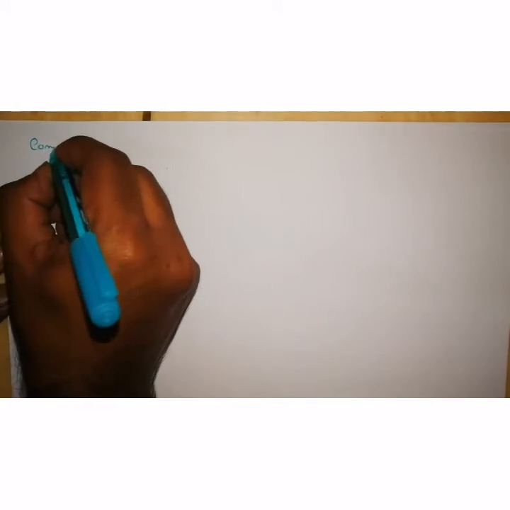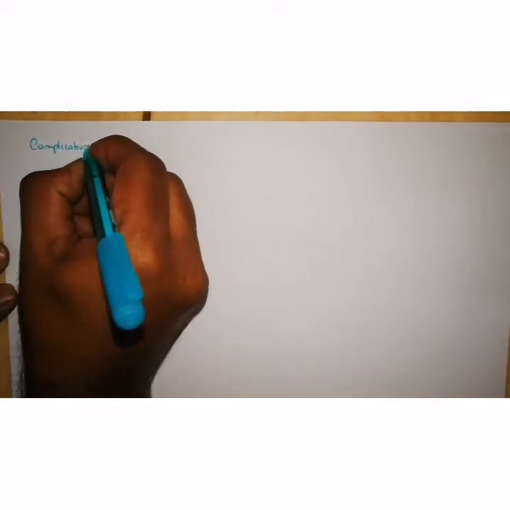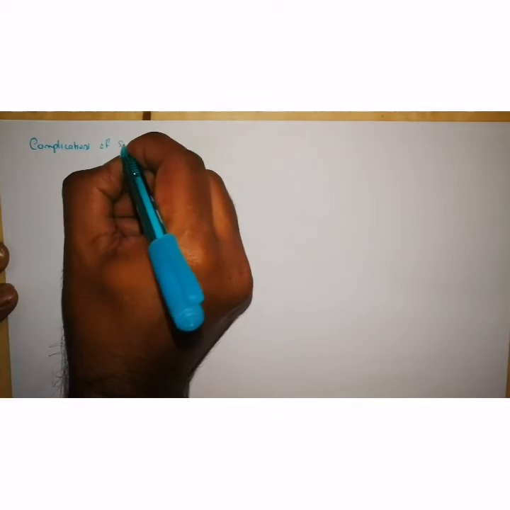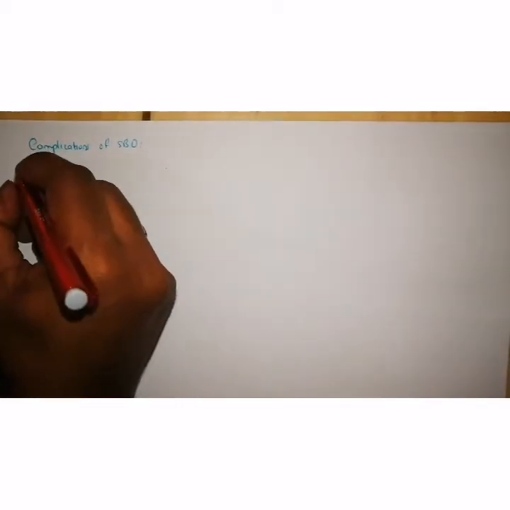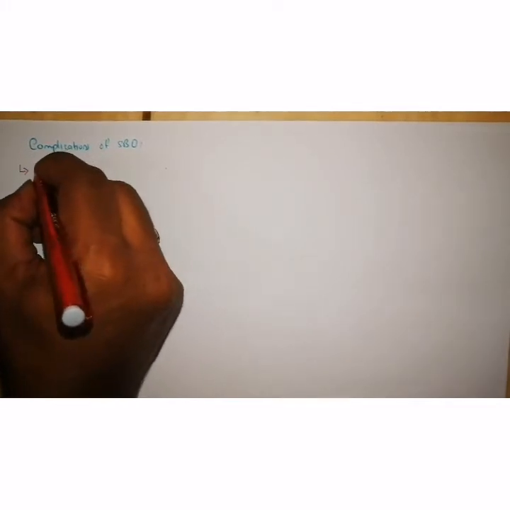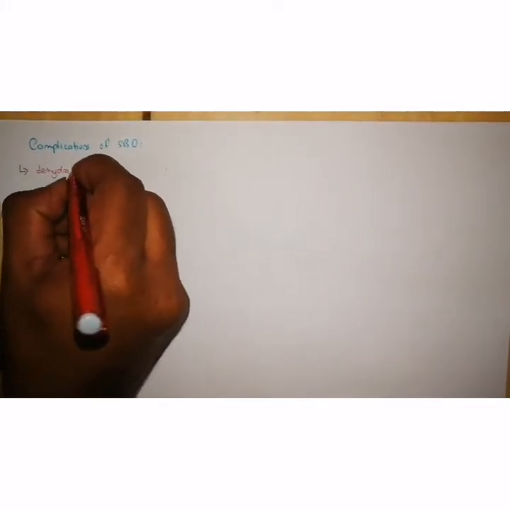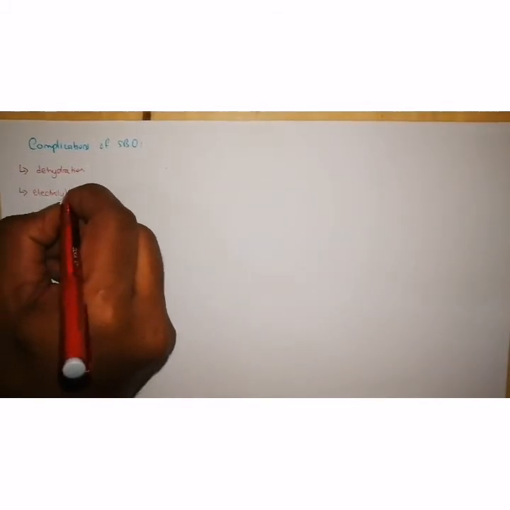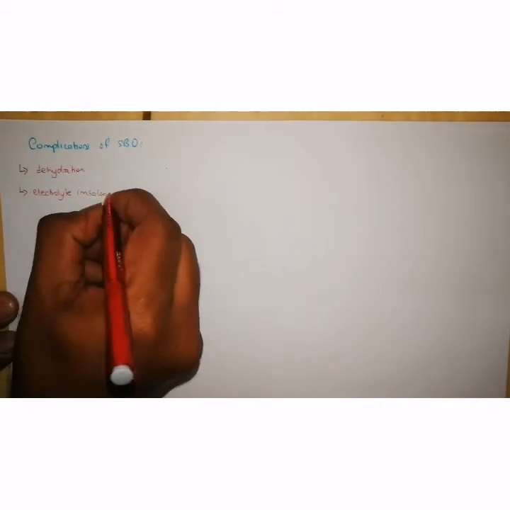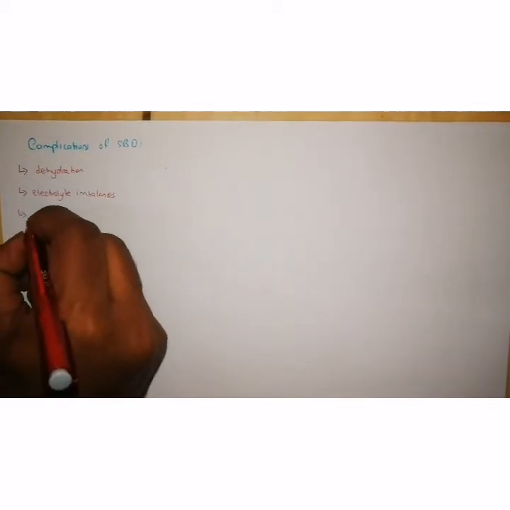Okay, next we're going to talk about complications of SBO. So you might have dehydration, electrolyte imbalance, perforation.